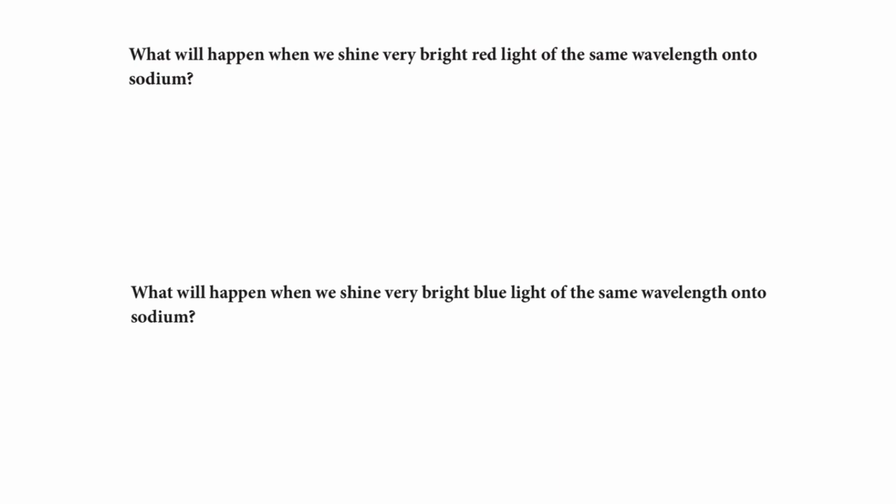Question number 1. It says, what will happen if we shine a very bright red light of the same wavelength onto a sodium metal? So let's say it has a wavelength of 410 nanometers. That's what we're looking at. First of all, we've got very bright, but we've got red light.